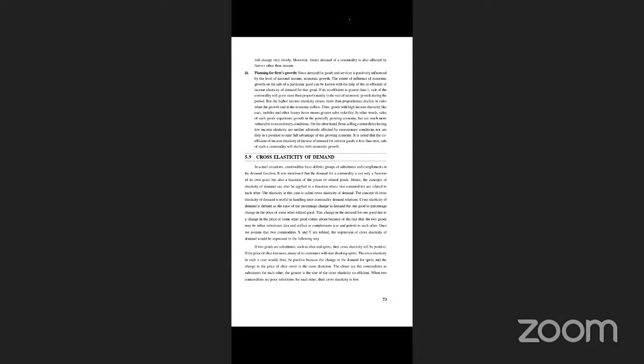When the two products are very close, we see the elasticity is very low. And the cross elasticity demand curve here will have a positive slope. You can see here, 5.19.